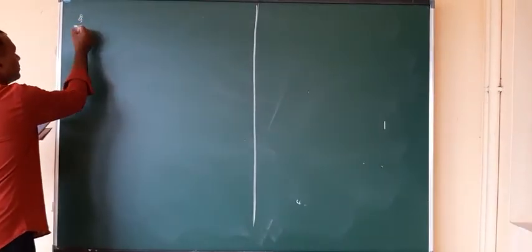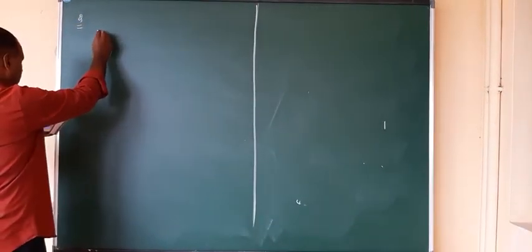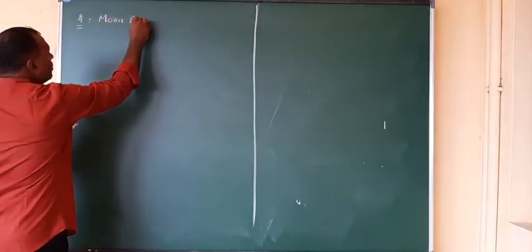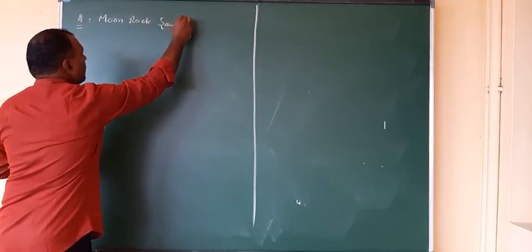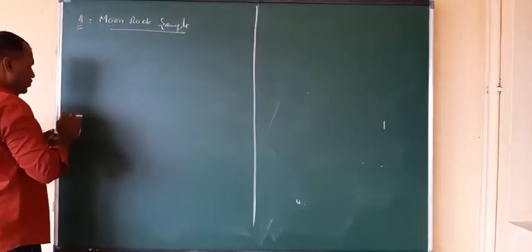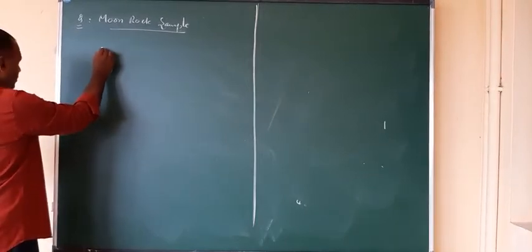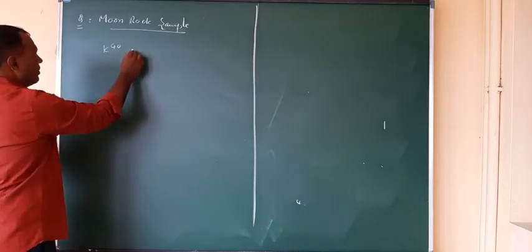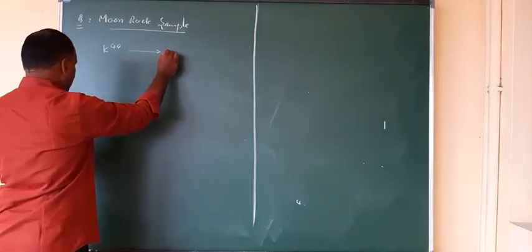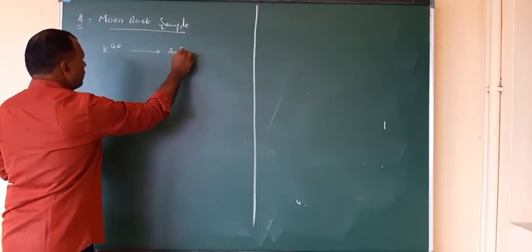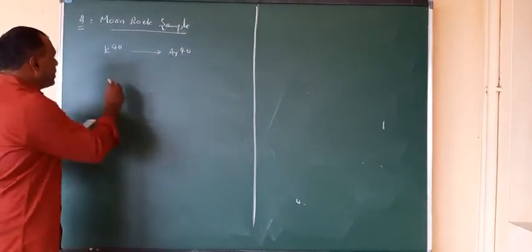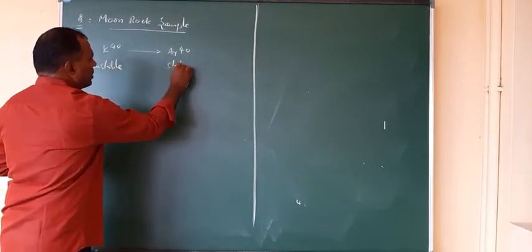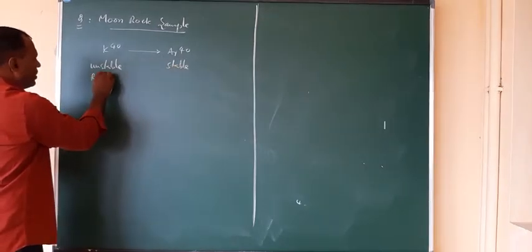In this moon rock sample, we have the potassium isotope K40, which is unstable, and it is converted to argon 40. The potassium is radioactive and unstable, and the argon is stable.